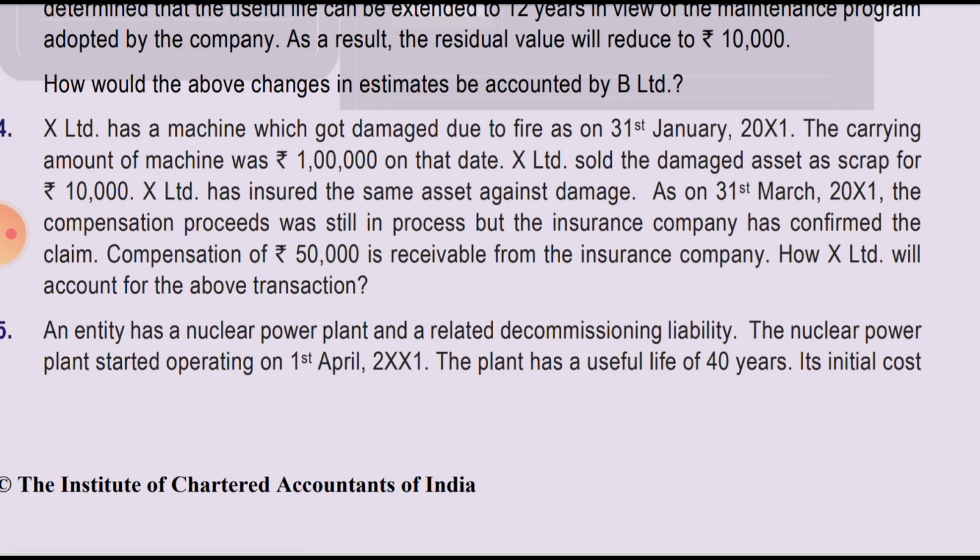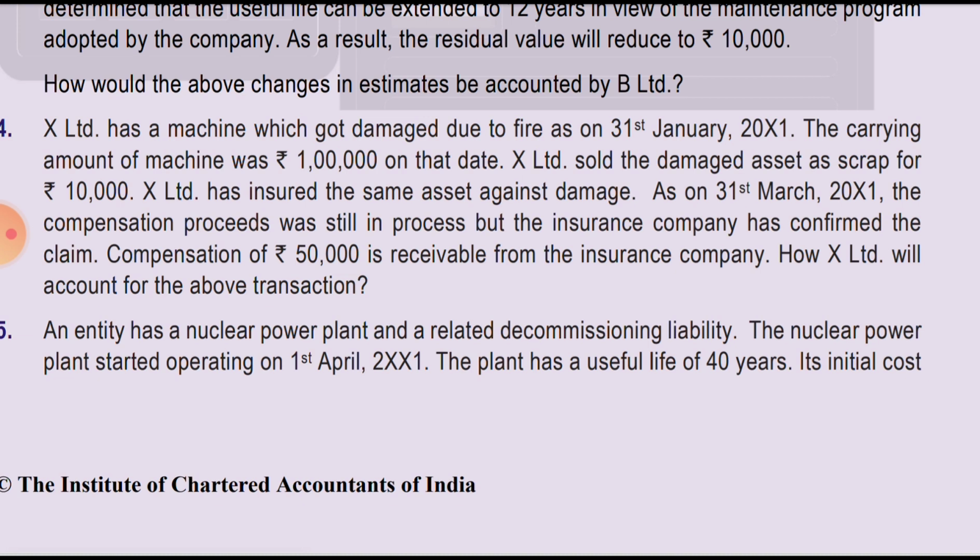X Limited had insured the same asset against damage as on 31st March 2001. That is, after 3 months, the compensation proceeds were still in process, but the insurance company has confirmed the claim. So if they are confirmed, we can recognize the asset. The compensation of 50,000 is receivable from the insurance company.